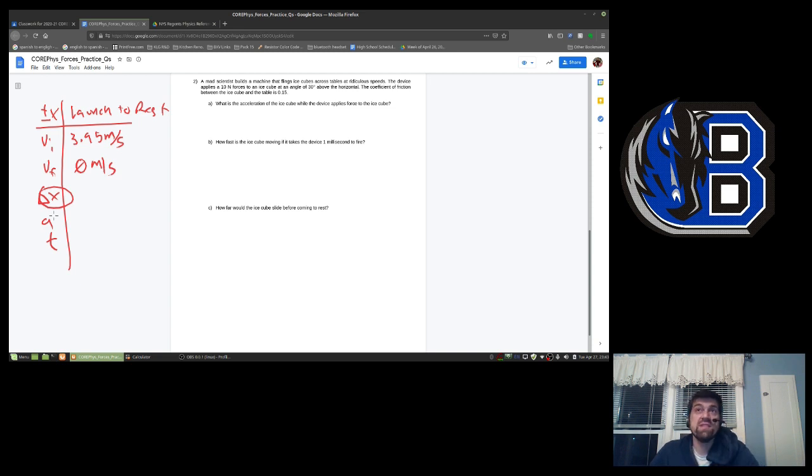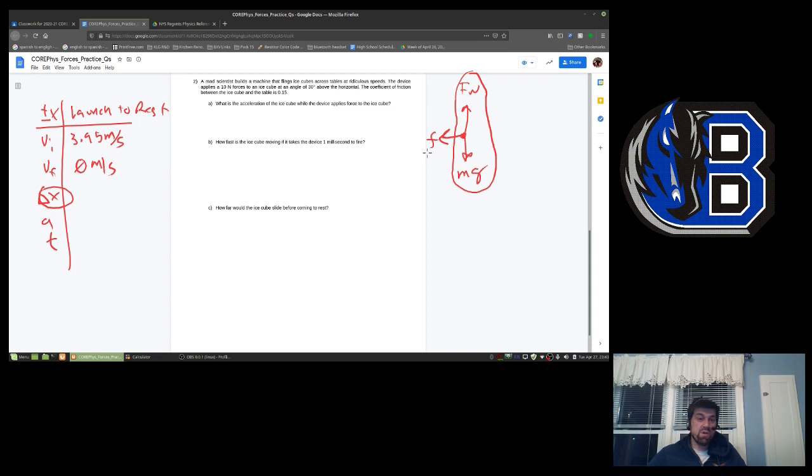As soon as this thing leaves the device, the applied force is gone. This becomes my free body diagram. Okay, the applied force is dropped. These are the only two forces vertically, and they still add up to 0, so now they're equal.